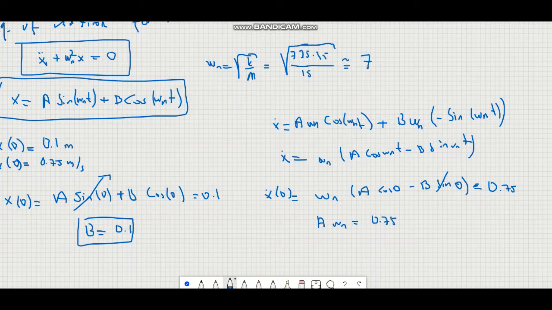And we know that natural frequency is 7, so A is going to be 0.75 over 7, which is around 0.107.